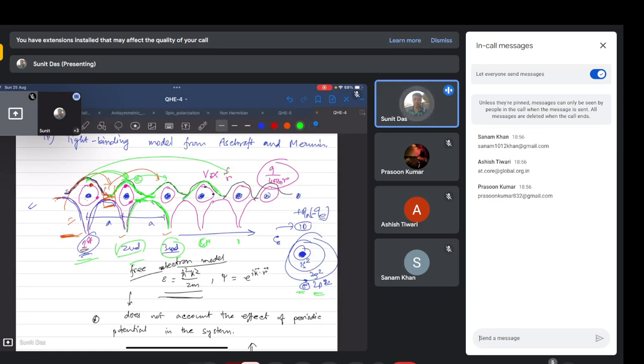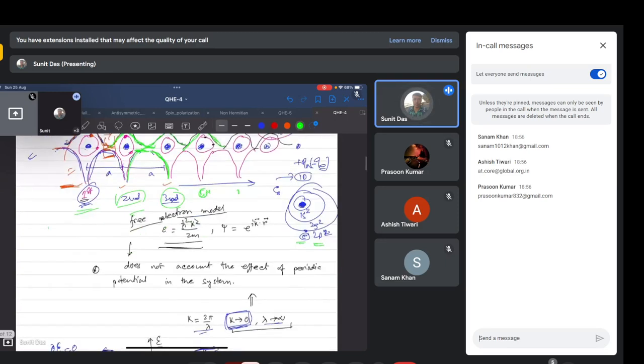So the hopping probability means that an electron can hop from the first to the second. So there is a finite tunneling probability. If you have read the tunneling barrier problem in quantum mechanics, let's say this is V0, and one electron or quantum mechanical particle is coming with an energy E which is less than V0.